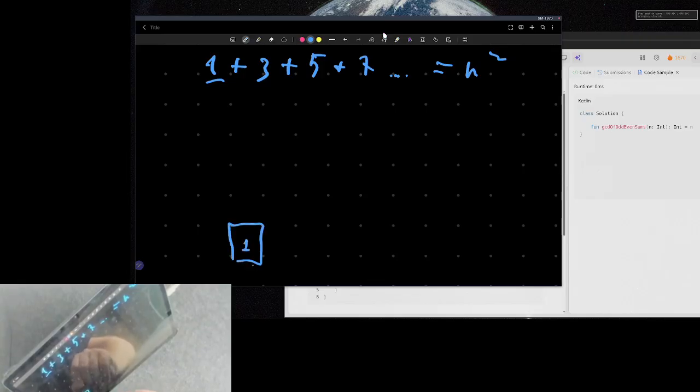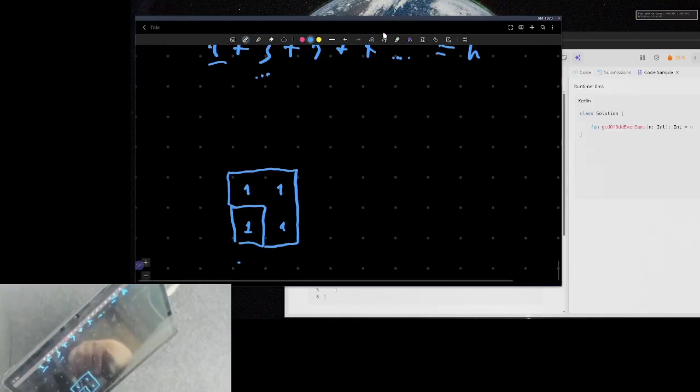The square is 1, and when you add this 3, you're taking 3 ones around this one, like one box, and you have a corner of these 3 cells. So this is 1 and this is 3. Same for the 5: 5 cells, 1, 1, 1 to the top, and 1, 1 to the right border.